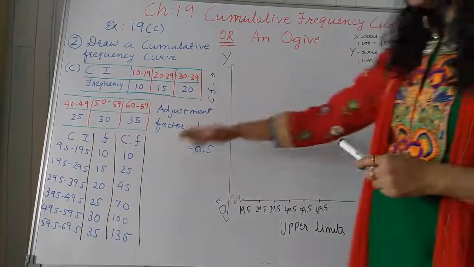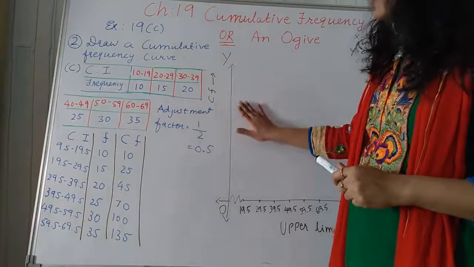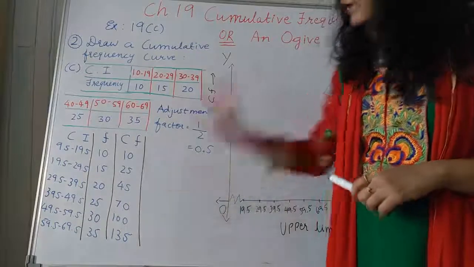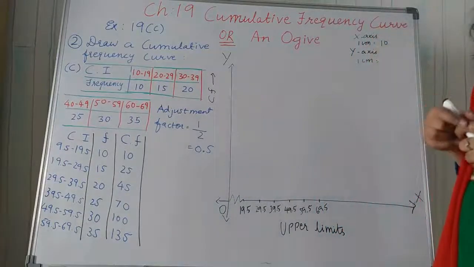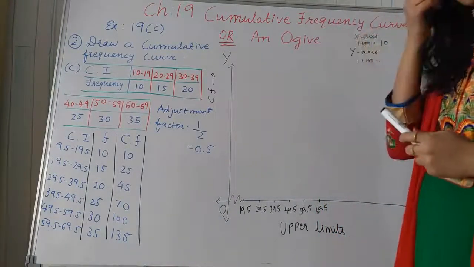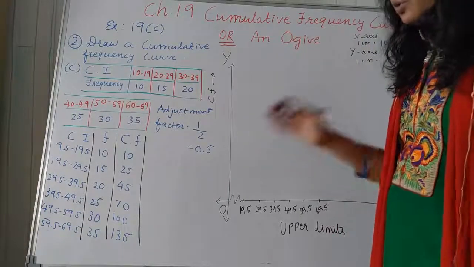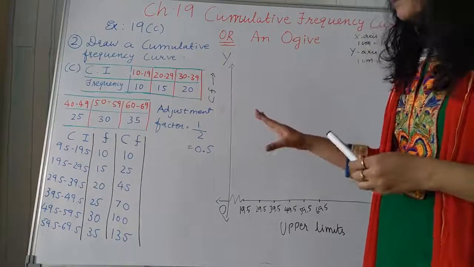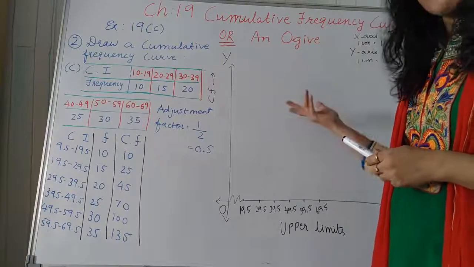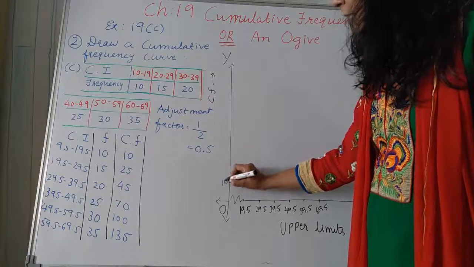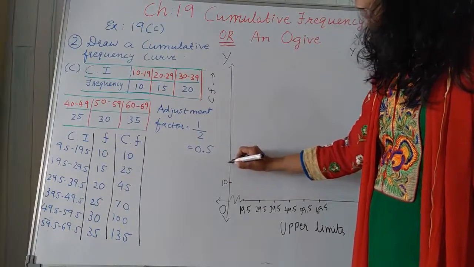Now let us think of this CF which we are going to write on our y-axis. You see from 10 to 135 we need the numbers. So you can choose accordingly students, 5 gaps also okay, and you have to go up to 140. If you choose 5 gaps it is okay, or you can choose 10 gaps. Let me choose 10 centimeter gap.